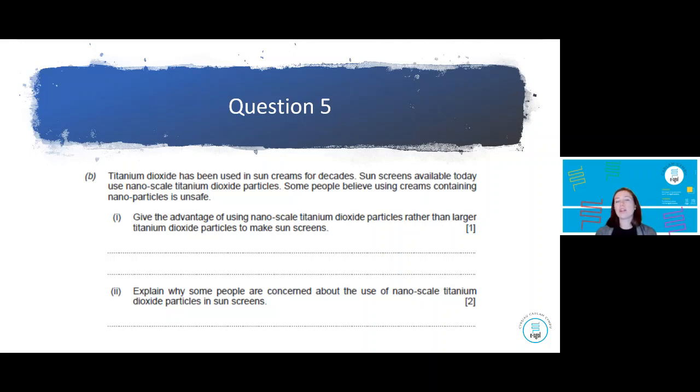Hopefully you can see as well, a lot of these questions are very similar and asking very similar things. So just make sure you read the question carefully in order to get full marks. Okay, I think we're ready to move on. So let's have a look at the answer.